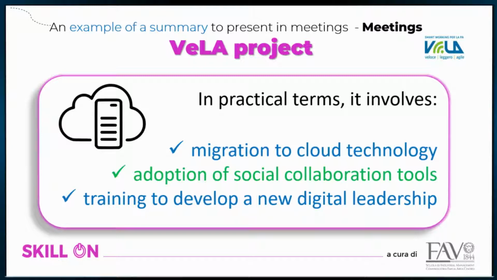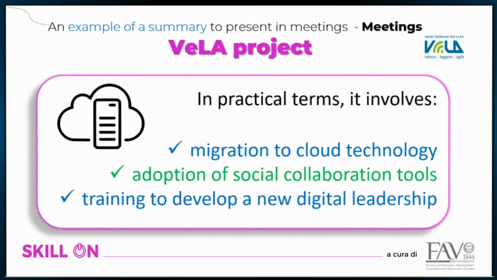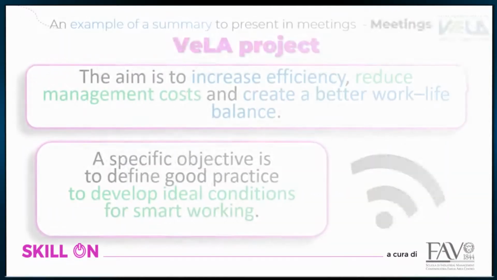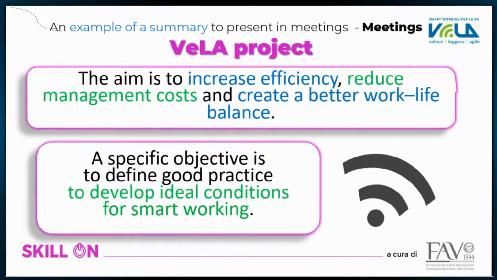Another linking word, you can say also or in addition, and you can add another point, the aim, the word we've seen before, and again you're listing 3 bullet points, is to increase efficiency, to reduce management costs for public administration, and create a better work-life balance.